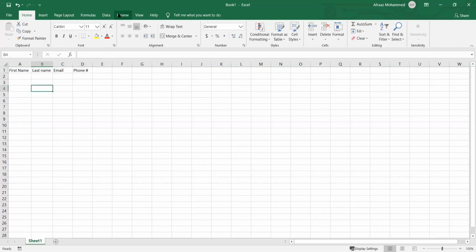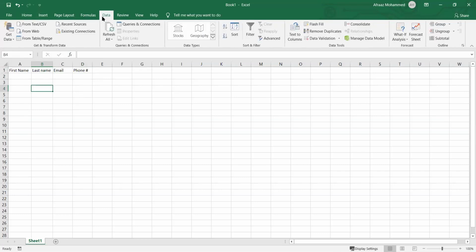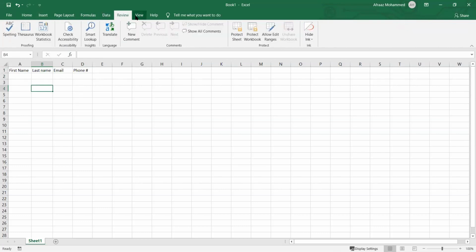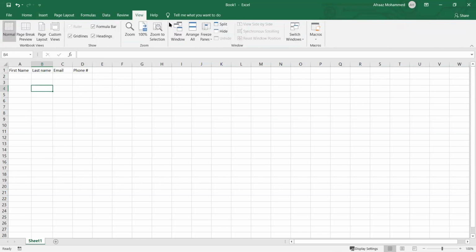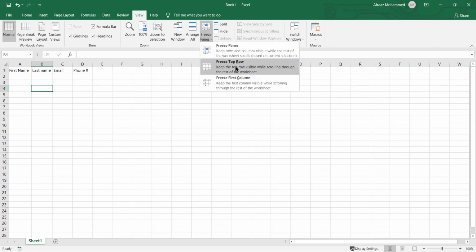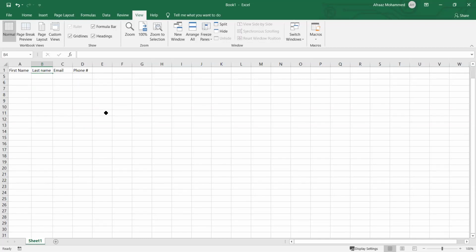Now, if we go to view, and we freeze the top row, and we continue to scroll down, you notice the column titles remain there. Everybody seeing that? Clear?